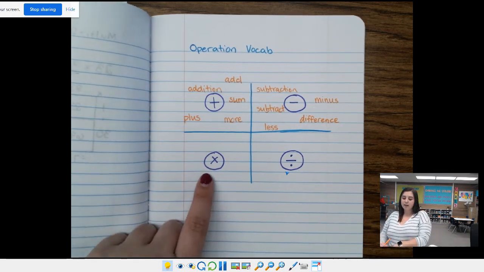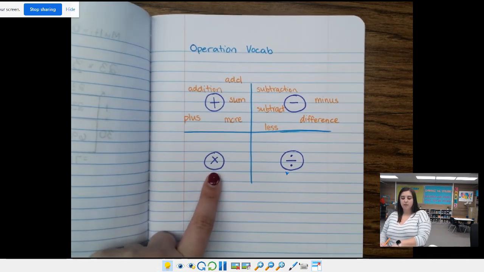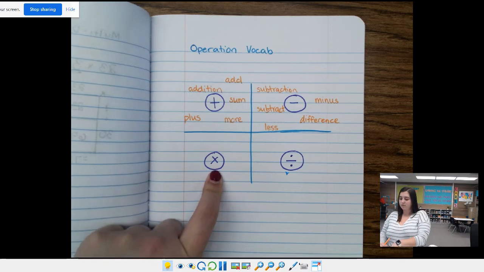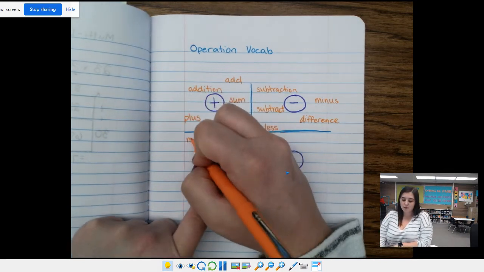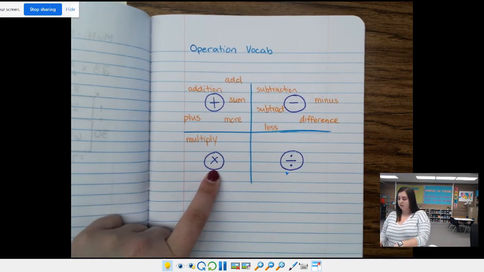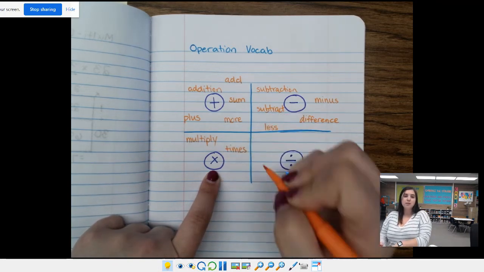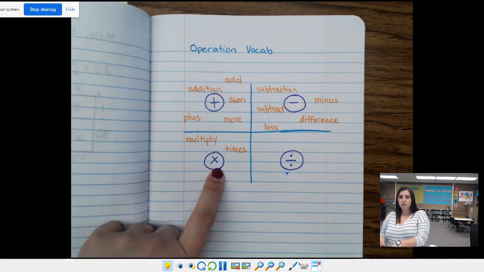All right, take a second, brainstorm some words that you associate with this symbol. So maybe you came up with multiply or multiplication. Could also be times, for times 3 means you're multiplying.